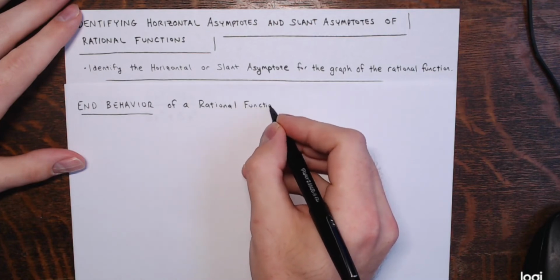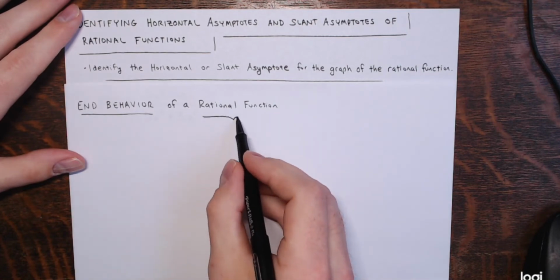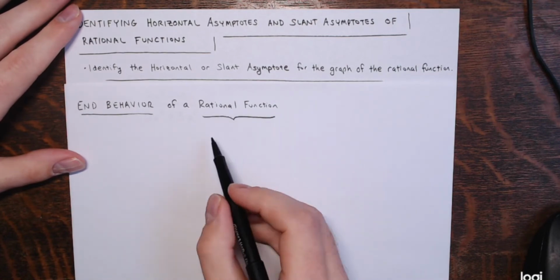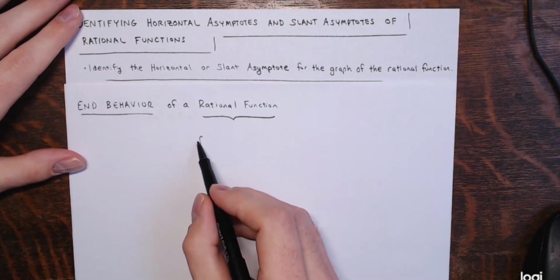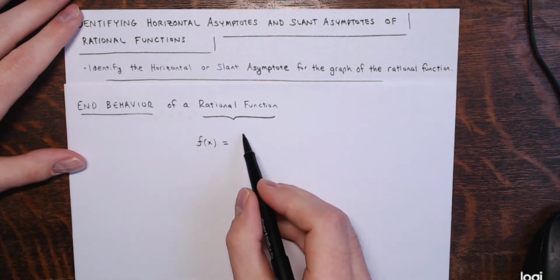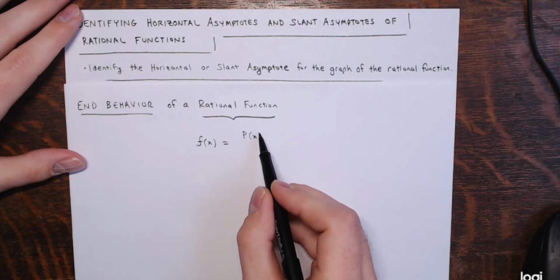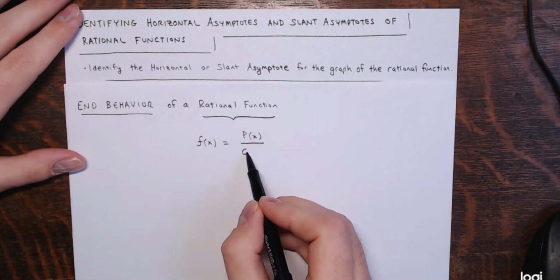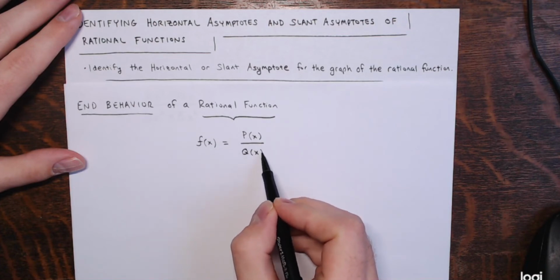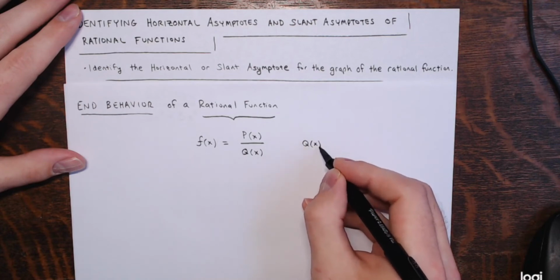Hopefully you recall from a previous video what a rational function looks like. It's any function that can take the following form: f of x equals p of x over q of x, the way they have it in the text, where obviously the denominator is not 0.